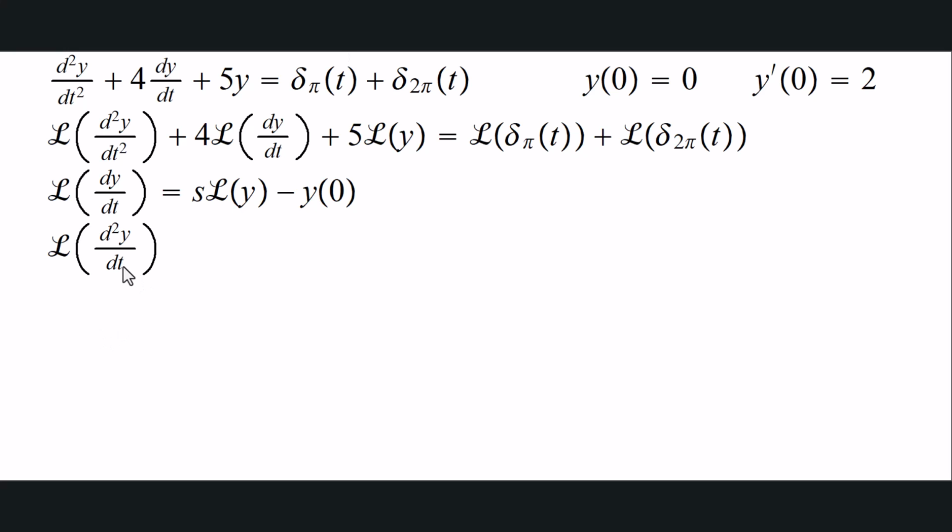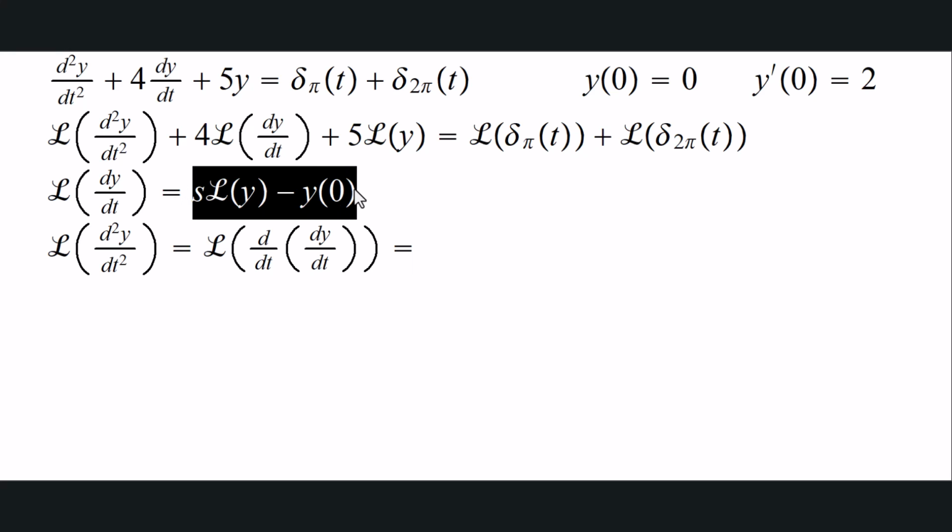That is, we are going to find or write the Laplace transform of the second derivative. So what we have is that we are going to take this as our function, and now we are going to write the Laplace transform of the derivative of this function just by using this equation.